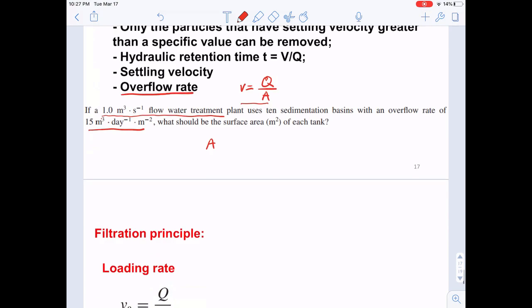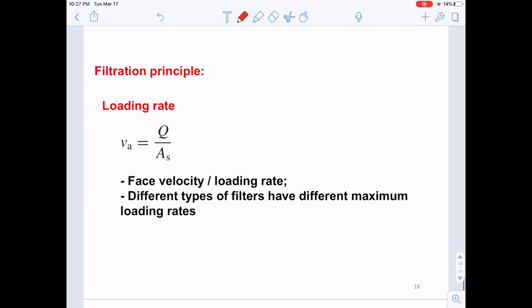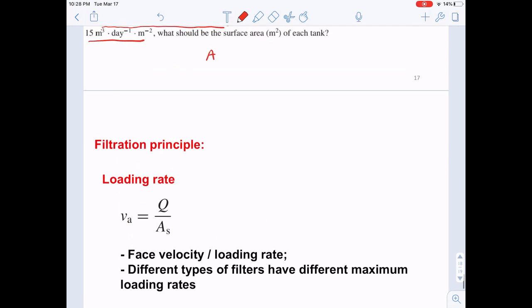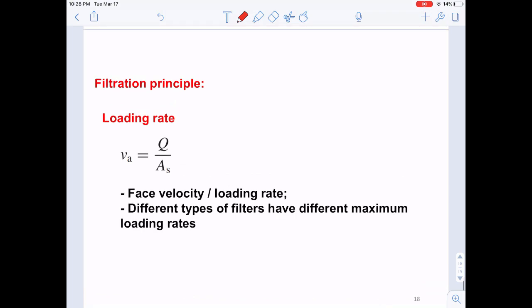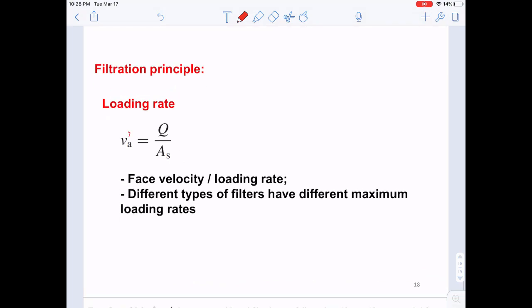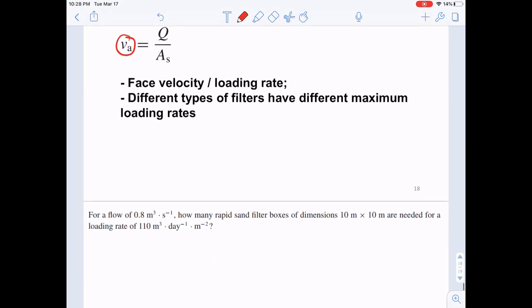A similar concept applies to the filtration problem. We use basically a similar equation to design the filtration process and the sedimentation process. One thing we need to pay attention to is this loading rate. As introduced in the last class video, the loading rate has to be below certain critical values.